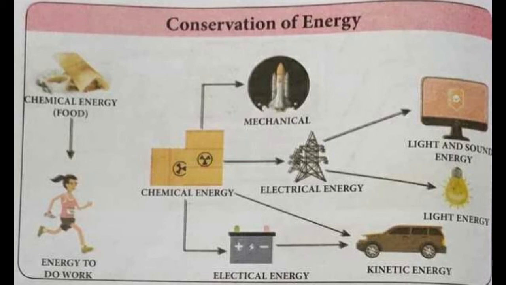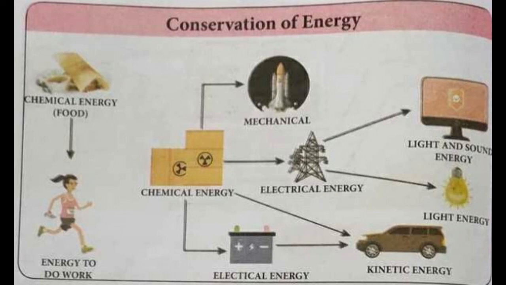Now, observe this picture carefully. In the first picture, the food which we eat is chemical energy which goes to our body and gives energy to us to do our work. Chemicals like petrol are used in rockets. So here this chemical energy of petrol is converted to mechanical energy.